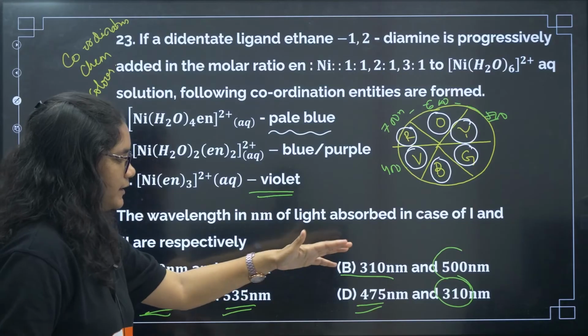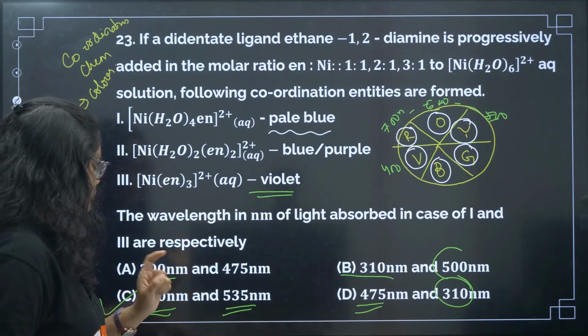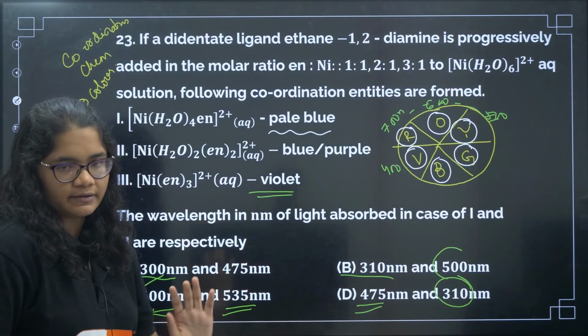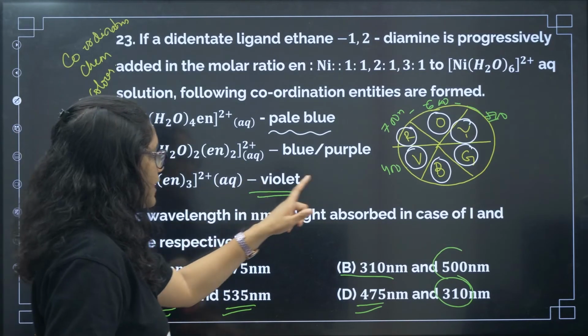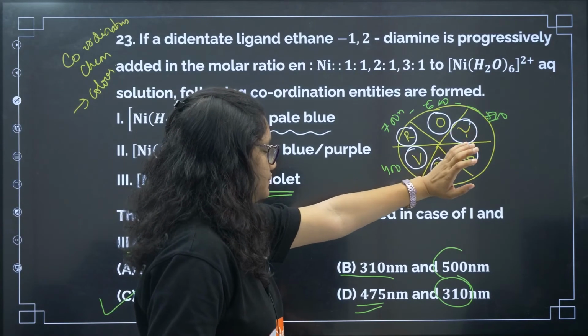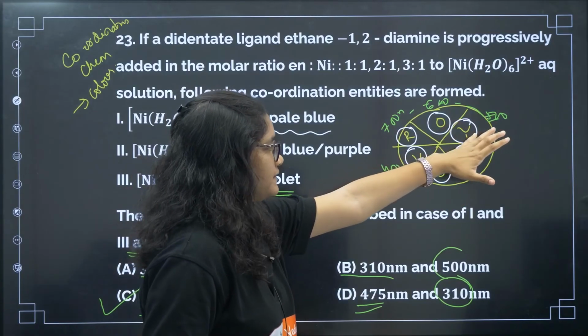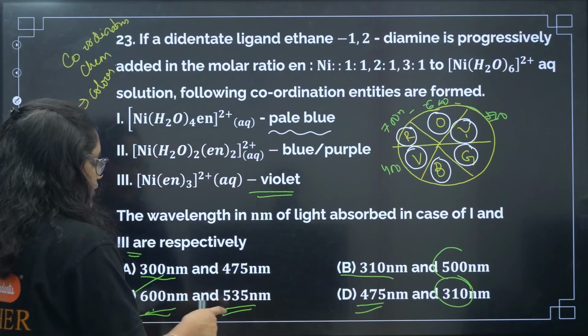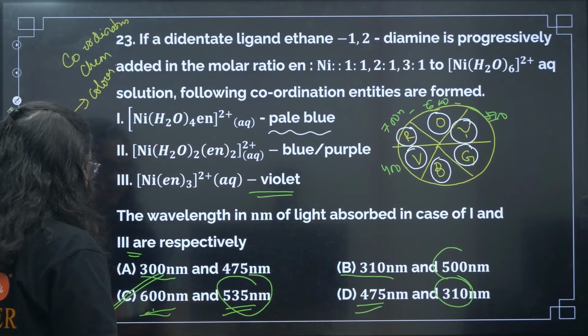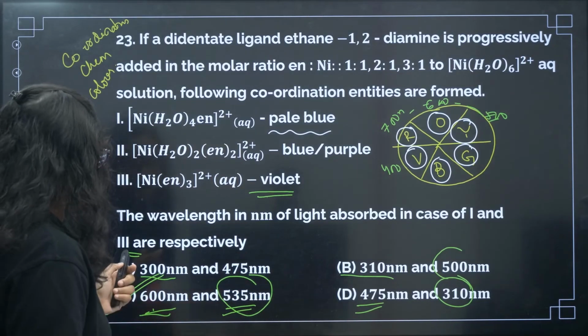So 300, 310 is very far, we can eliminate those options. We are having 600 and 475. Next coming to violet, because it is asking for the third compound. Violet means it should be absorbing somewhere around yellow color, and yellow color will be somewhere in this range. Okay, so the correct answer for this question is option number C.